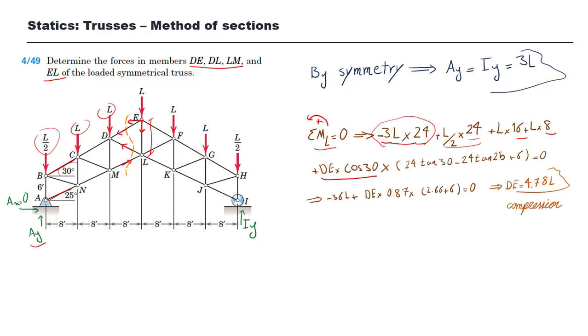If we imagine two triangles where one of them is 25 and one of them is 30, we know that the perpendicular side of this triangle is equal to this distance, which is 24 times tangent 30, and again 24 times tangent of 25 degrees.